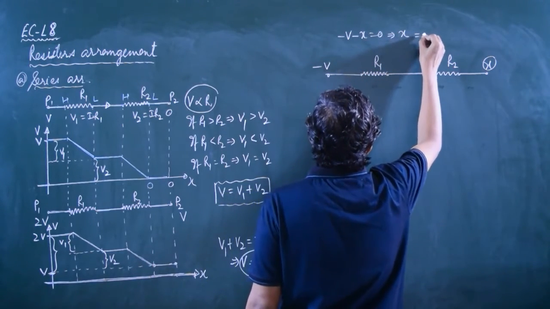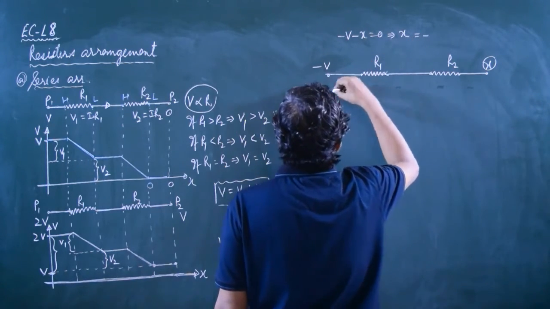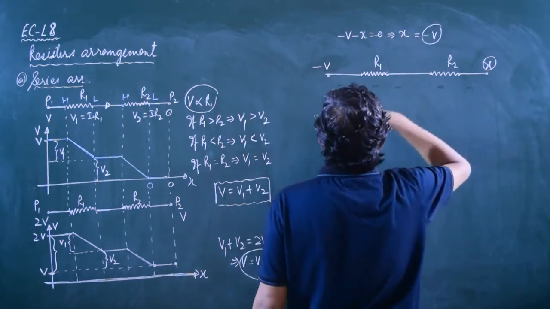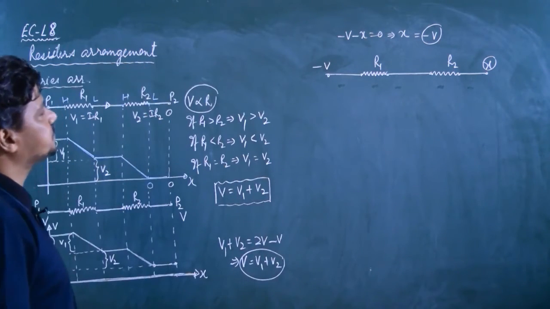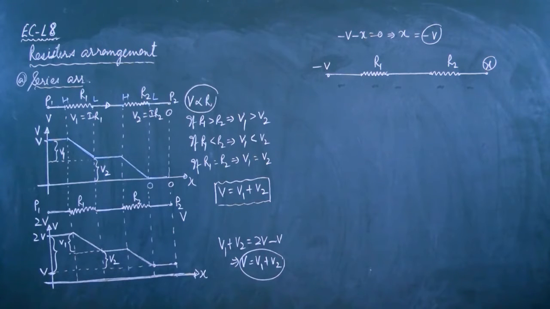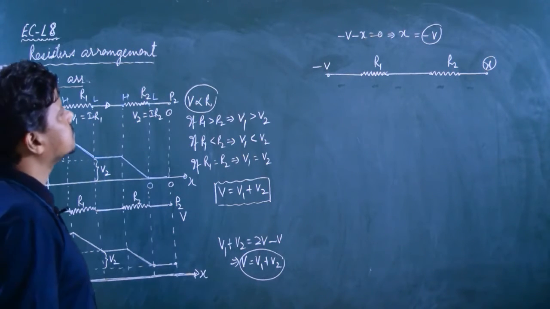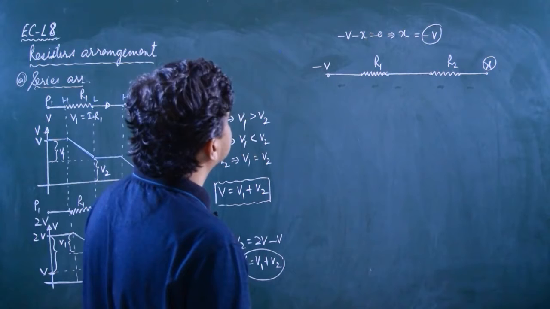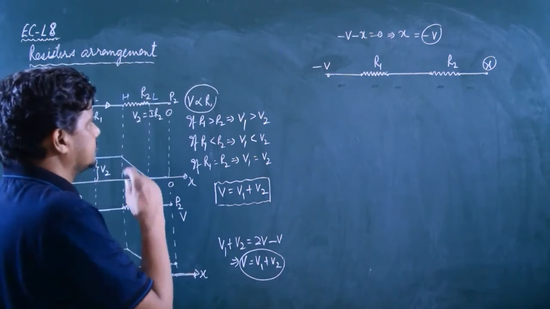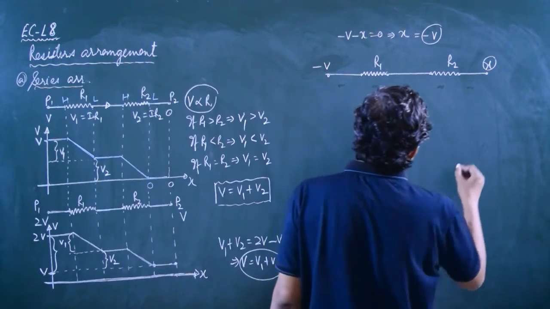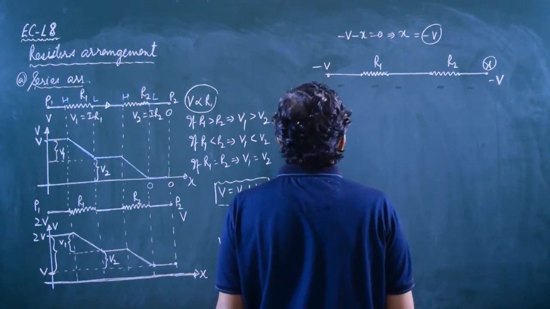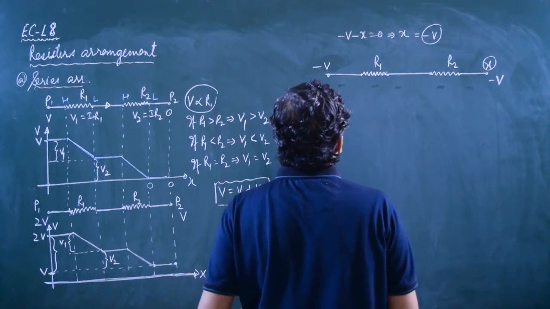So X is equal to minus V. So here also we have potential minus V. Now the potential difference between them is 0.